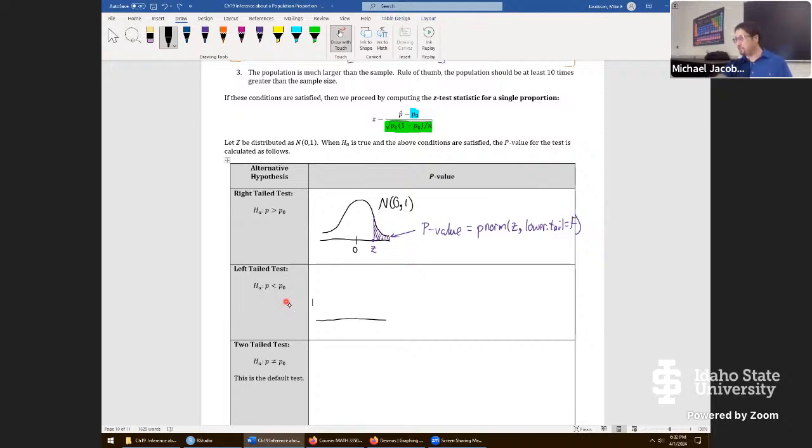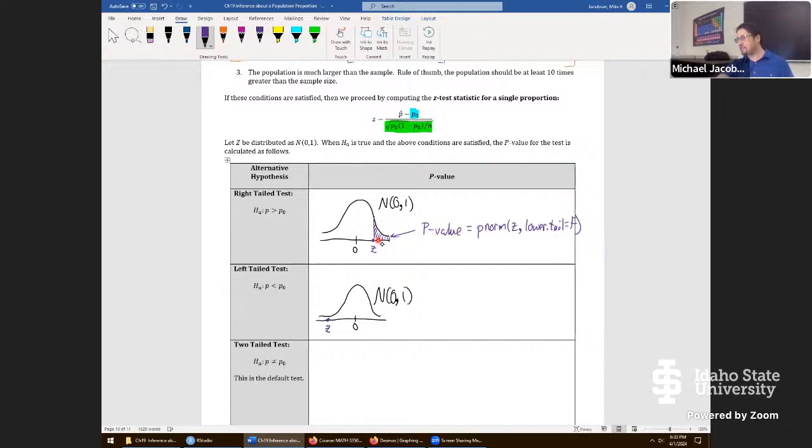Let me try again with that curve, though. That'll do. So here's N(0,1). It's not my best work, but it does not have to be perfect. So here's 0 in this case. Over here, for that test statistic, this would look like it's going to fail to reject the null hypothesis. That area looks bigger than 5% or 10%.